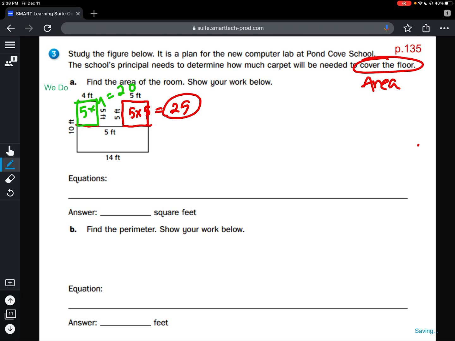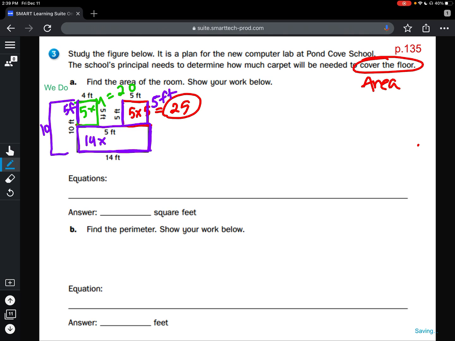But now I have to figure out this bottom larger purple rectangle. For this chunk, I know the length is 14. But do I know just this part of the width? I know that from here to here is 10 feet. And I know that these sides here are the same, and so this is 5 feet, and this part right here is 5 feet.